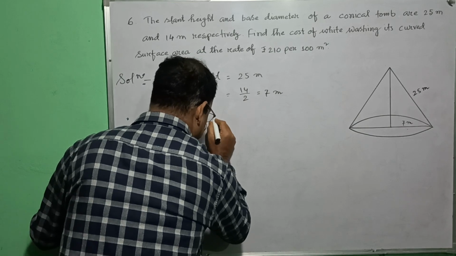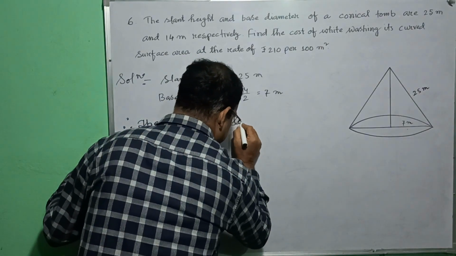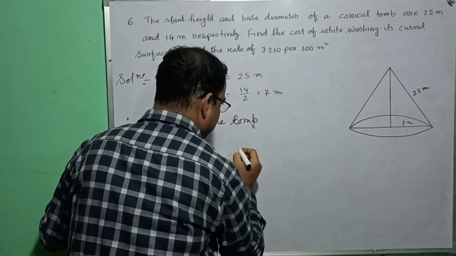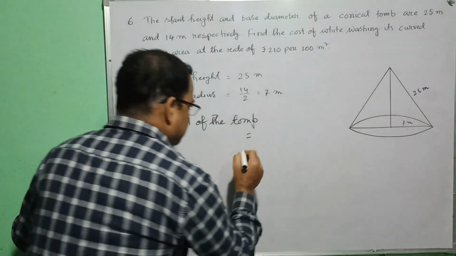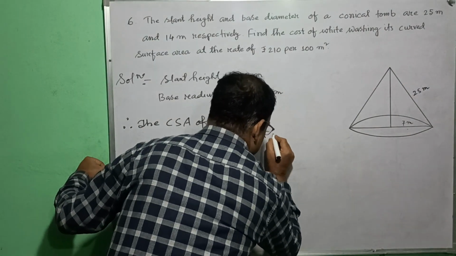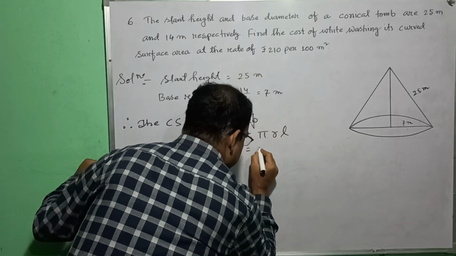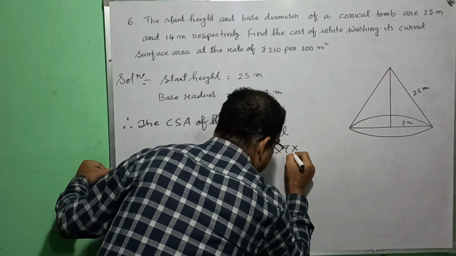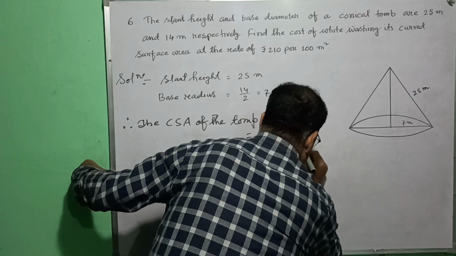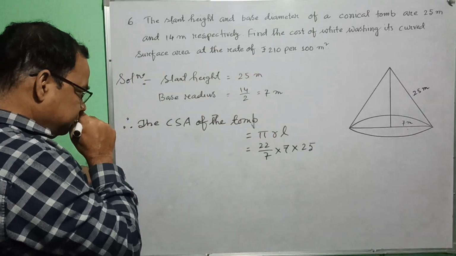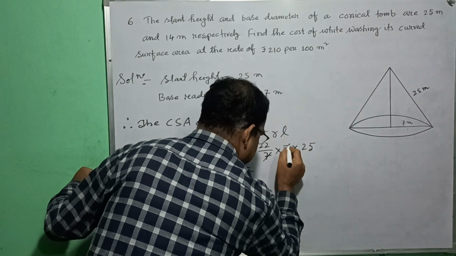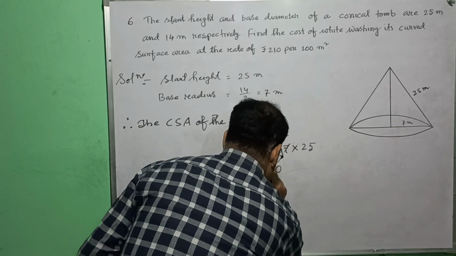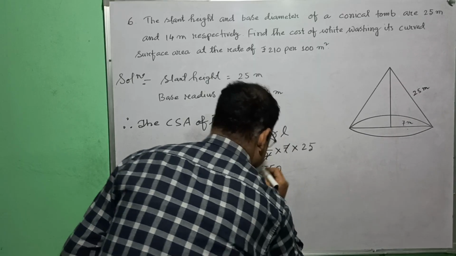of the tomb equal pi r into L equal to 22 by 7 into r equal to 7 into L is 25, equal 7 cancel, 22 into 25 equal 550.